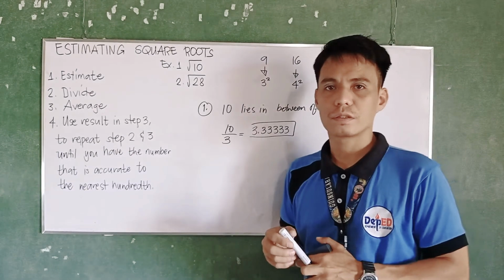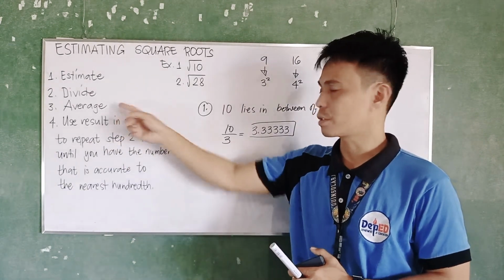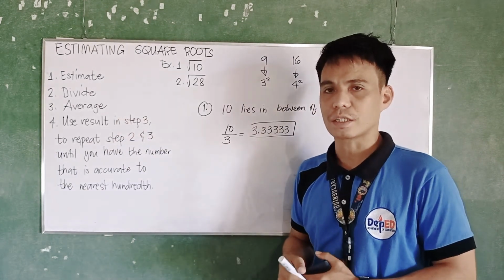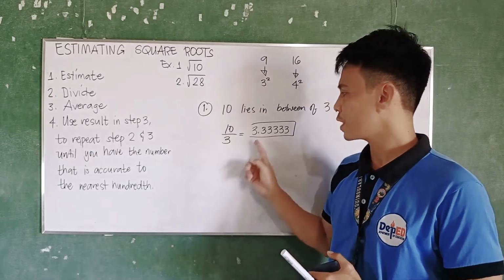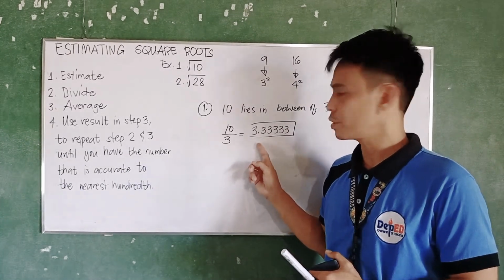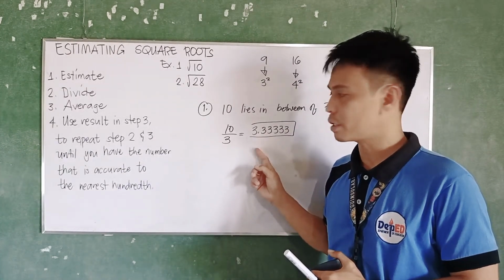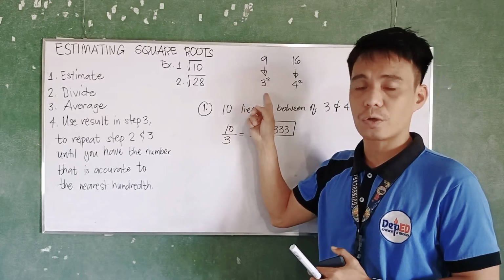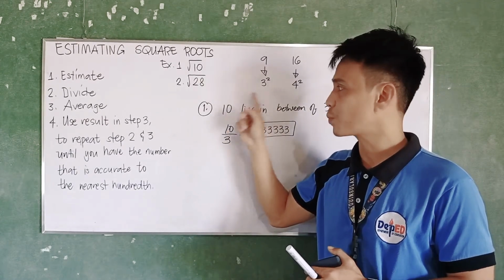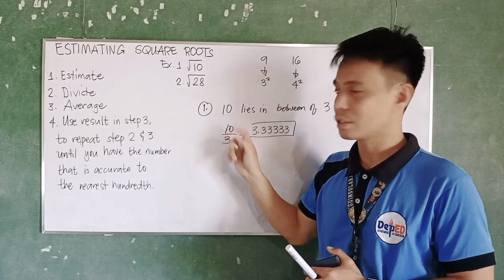Okay? So step number 3, guys, the average. Gagawin natin is to add yung computed answer natin sa number 1, doon sa lowest root kung saan pumagitan yung 10.